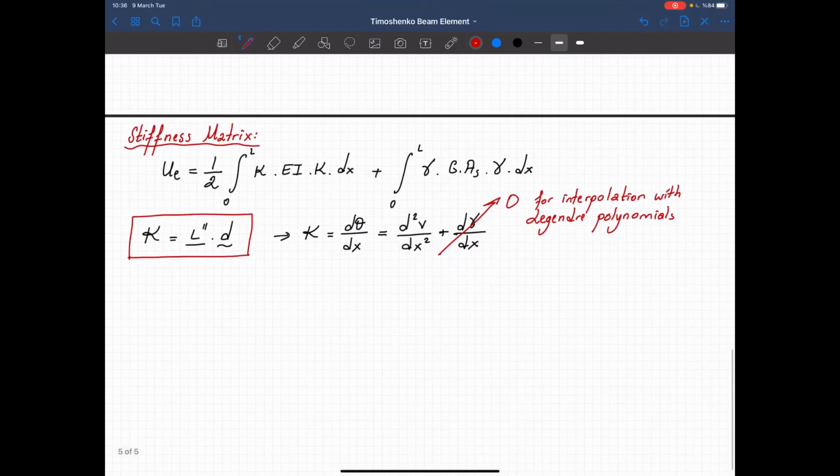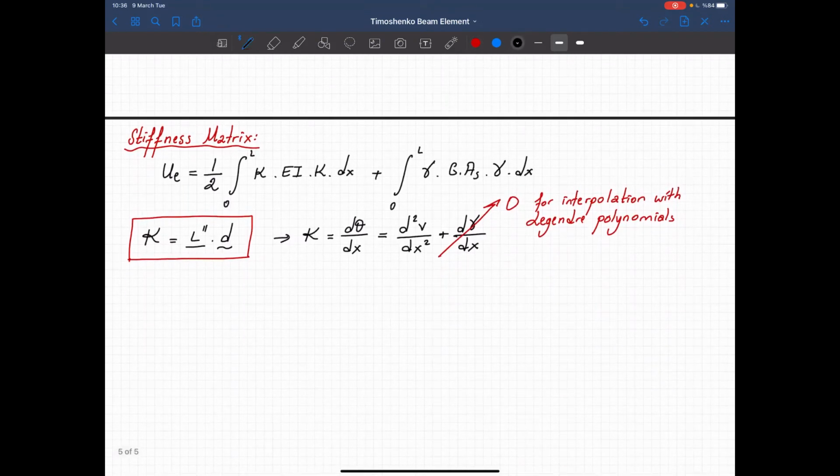So let's take a look at the shear strain interpolation. So we said that the shear strain is equal to, now I'll write it in matrix form. We have 0, 0, and 0. V times 10 over L multiplied by D1, D2, D3, and D4.